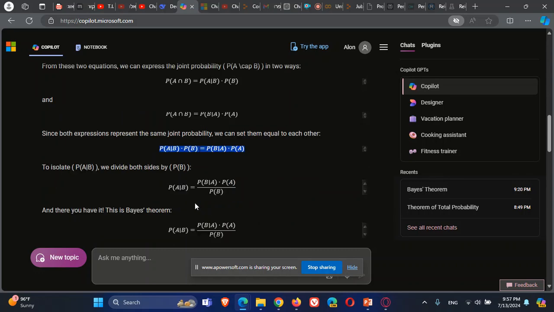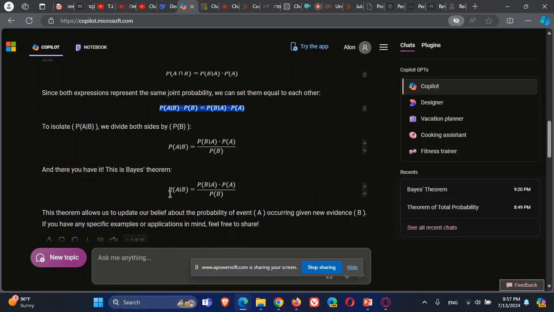When I write it like this, I can take the P(A given B) to here, and then P(B) can go down here. And that's it. This is the Bayes theorem with two events.